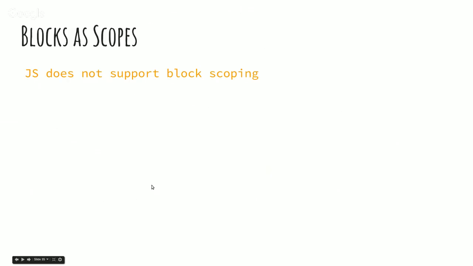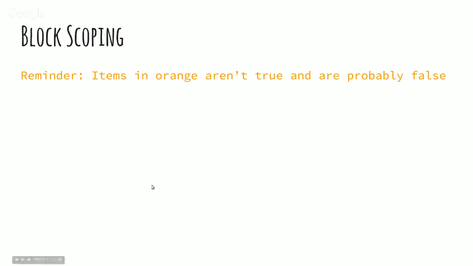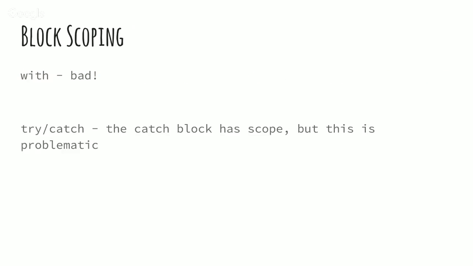And then blocks of scopes. JavaScript does not support block scoping. Boo. But remember that items in orange aren't true and are probably false. Yay! JavaScript sort of supports block scoping. Yes, with the with, which every time I see it mentioned in these books, it says don't look at this because with is bad.